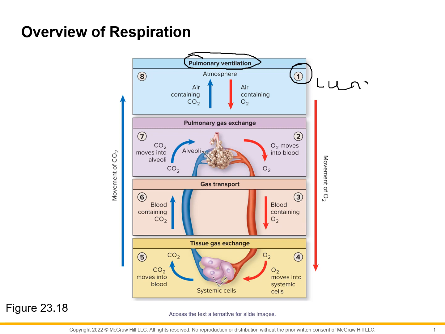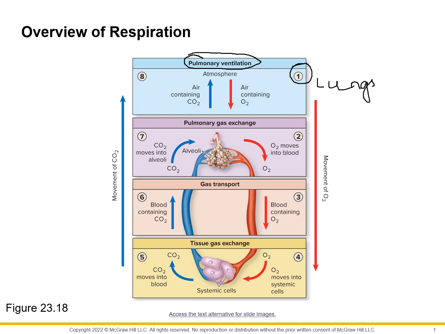So I'm going to write here that it's happening in your lungs. Please note that I'm explaining this process in chronological order, but this stuff is happening concurrently, right? So this is the first of 4 major steps in the process of respiration as a whole. And the first step, which is pulmonary ventilation, is happening in the lungs.